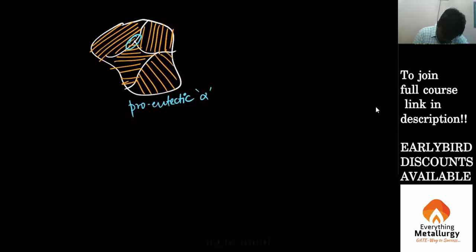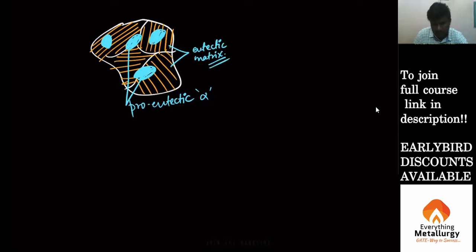So these will be present inside this matrix, something like this. The chunks of pro-eutectic alpha can be found inside the matrix of eutectic. Okay, so this is this, and the rest is my eutectic matrix.